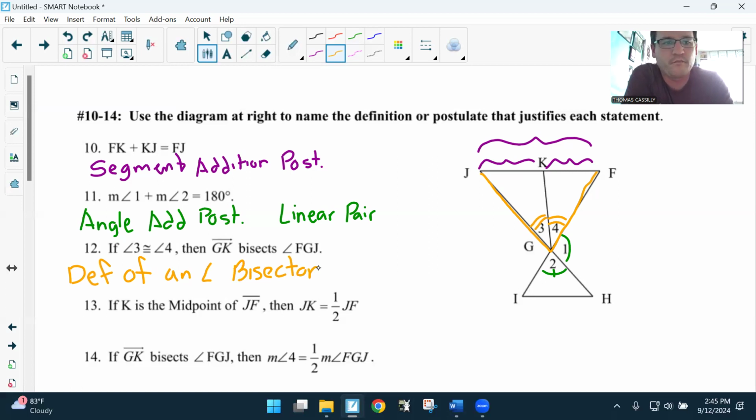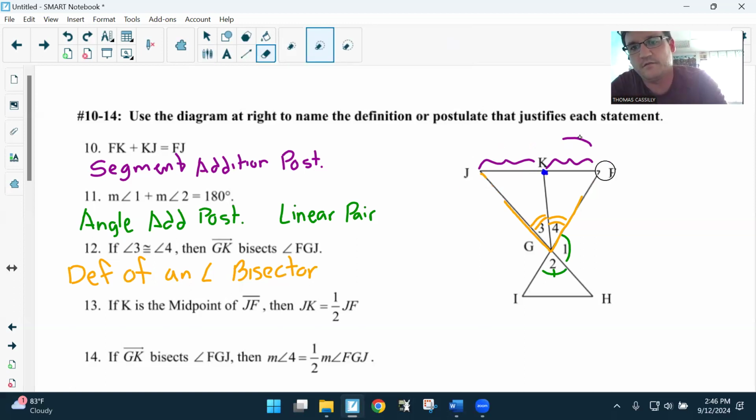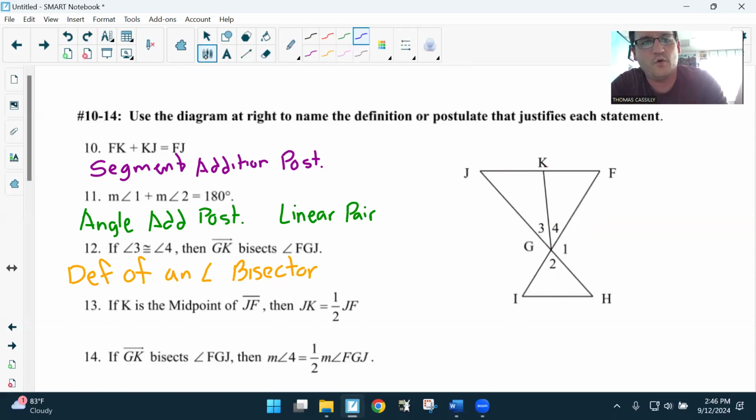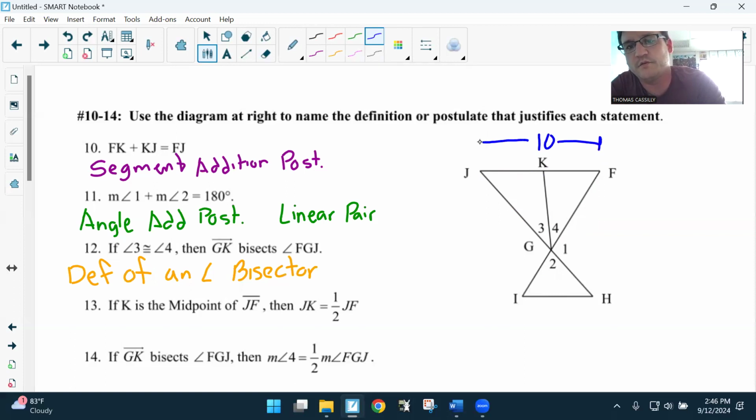All right. Next one. If K is the midpoint, all right, K is the midpoint of JF, then JK equals half of JF. So let's look up top here. Basically, what they're saying is, I don't know how long this thing is. Let's say this has a length of 10. I'm just making up a number. So this is 10.